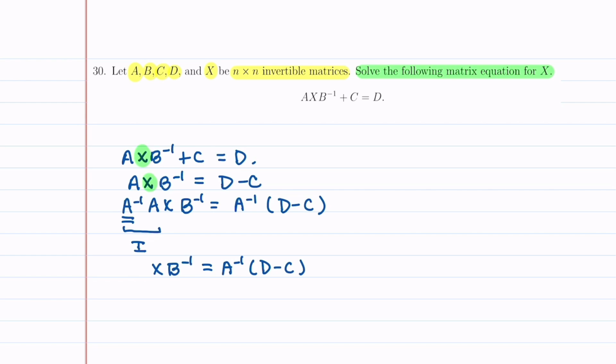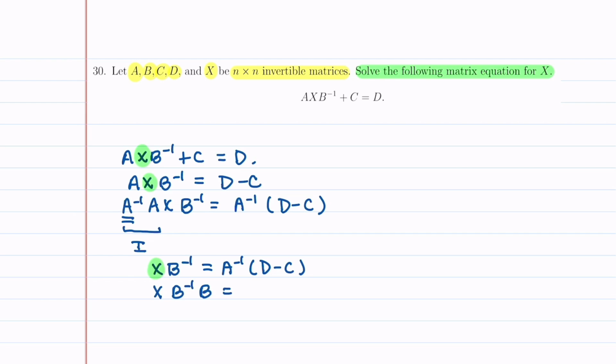Now, what we need to do is find X all by itself. So we have to get rid of B inverse. To do that, we're going to multiply by B on the right, and we have to multiply on the right because the B inverse and the B have to be right next to each other. So we multiply on the right by B on the left side of our equation.